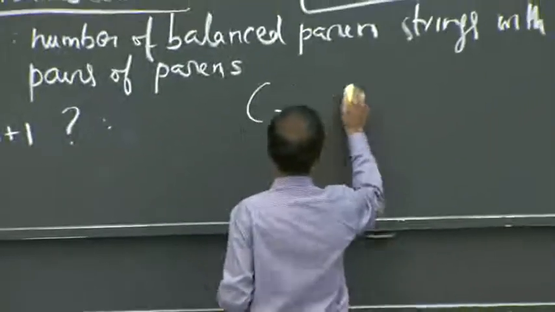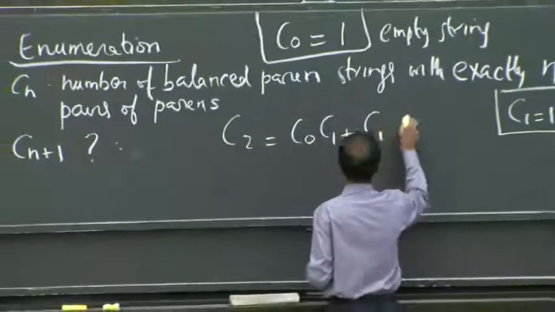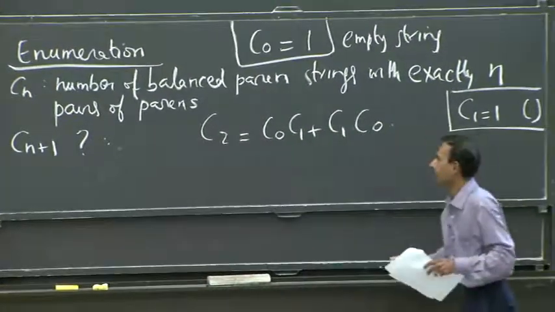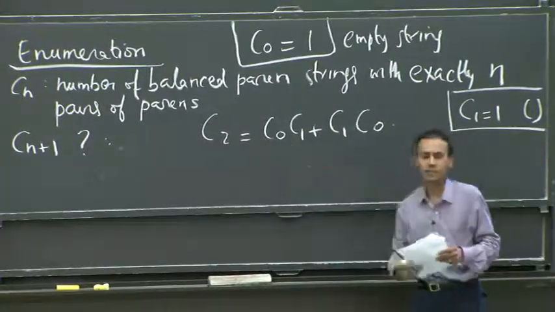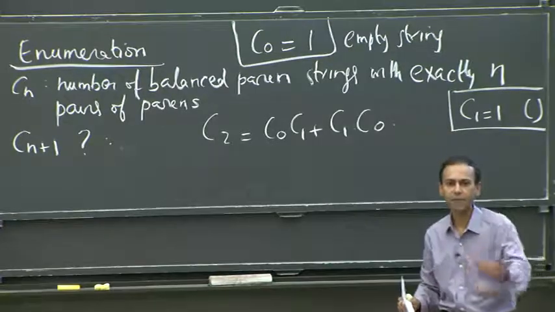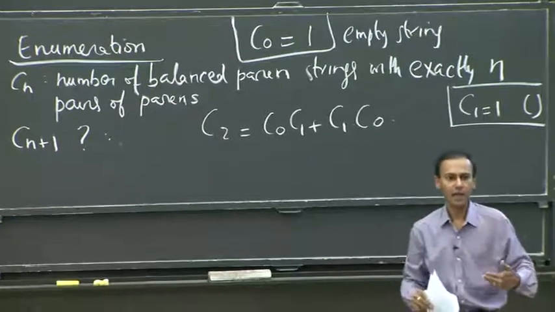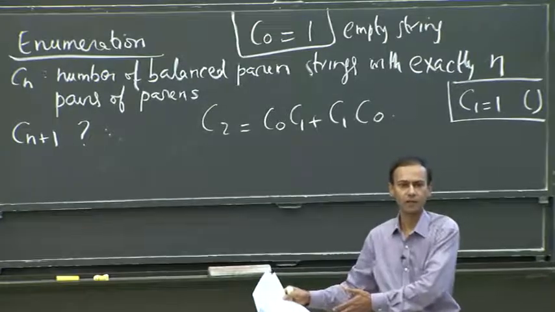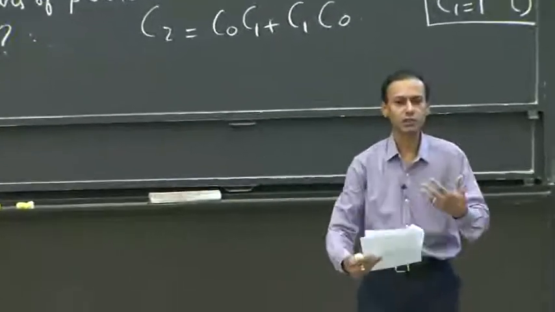C0 times C1. C2 would be C0 times C1 plus C1 times C0. Okay? And you're setting the alpha. So here's the thing. You set the alpha and you choose the alpha, and then you choose the beta. There's a couple of different ways that you could choose the alpha.